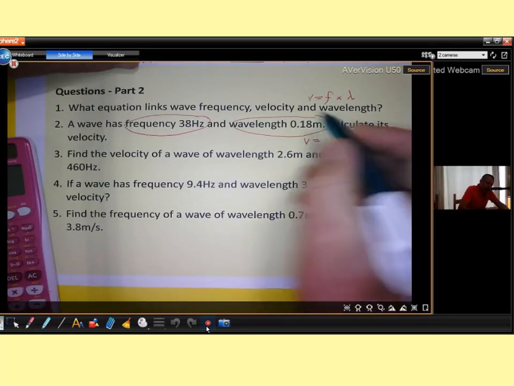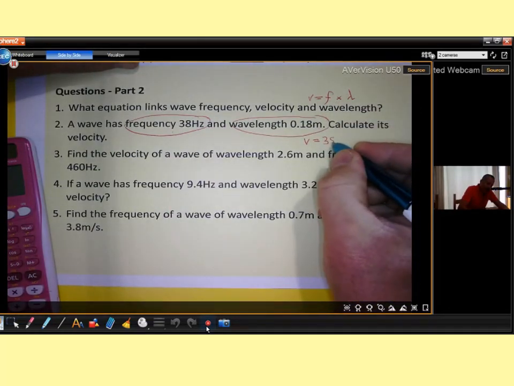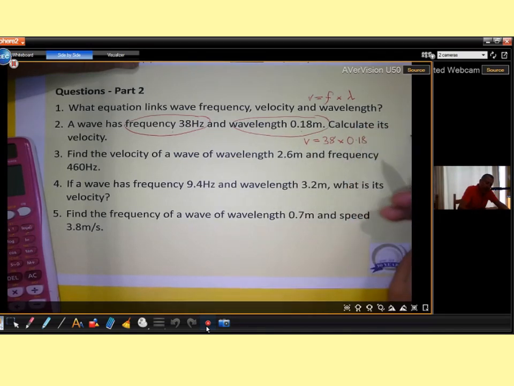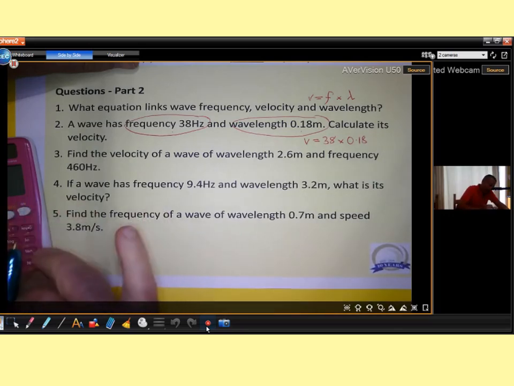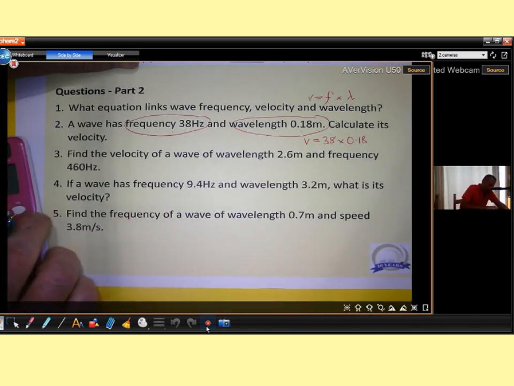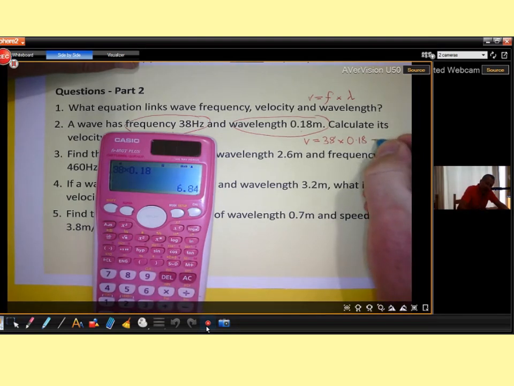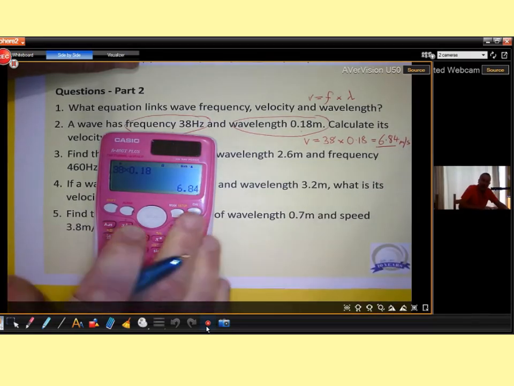Velocity equals frequency times the wavelength. 38 times 0.18. 38 times 0.18 is 6.84. And that's the velocity, so it's meters per second.